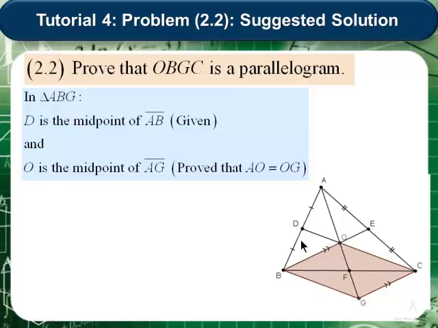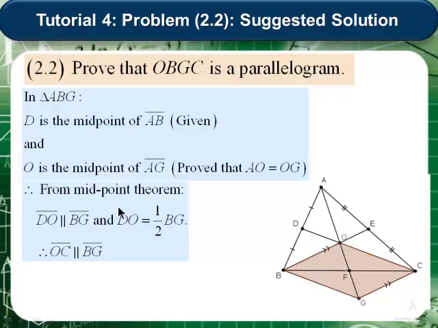So therefore, from the midpoint theorem, we can say that line segment DO must be parallel to line segment BG. Now, if line segment DO is parallel to line segment BG, then line segment OC will be parallel to that. Of course, we also know that DO will be half of BG.